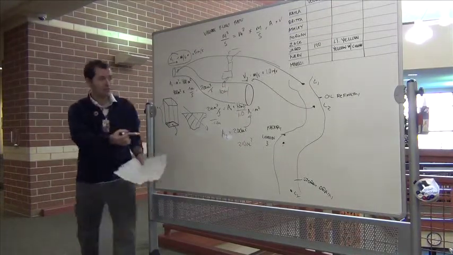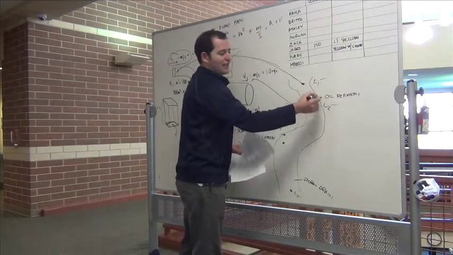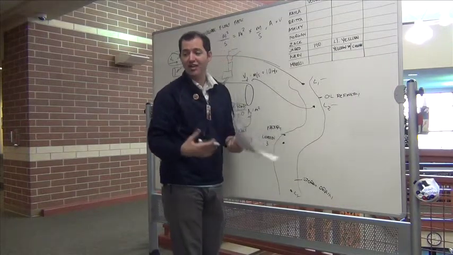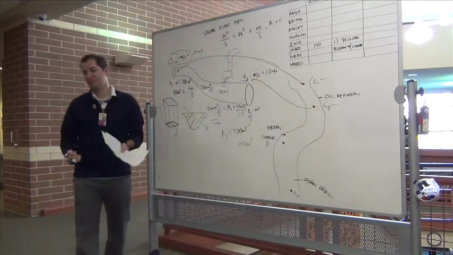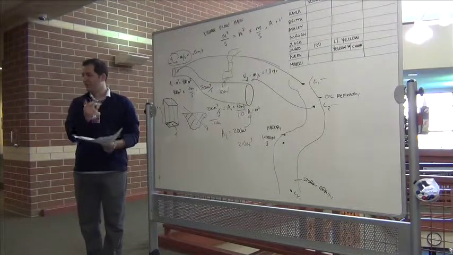That's exactly what you'll do. You'll figure out what it is at location 1, see what it should be at location 2, and then see what it actually is at location 2. Whatever the difference is tells you how much the oil refinery is adding. Okay, we're good? Any questions I need to go over again?